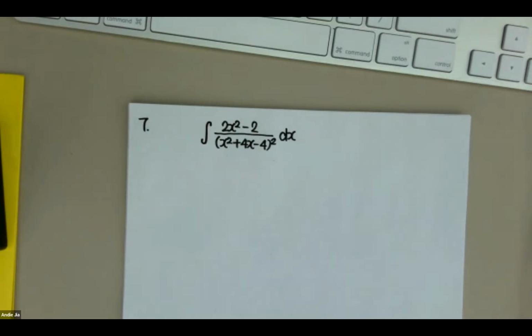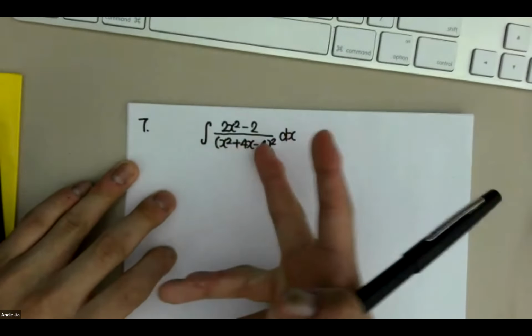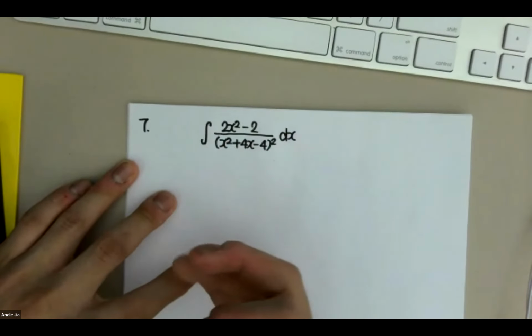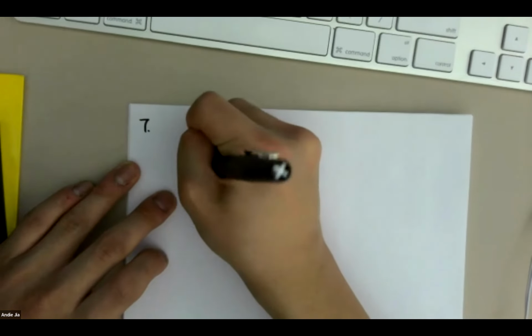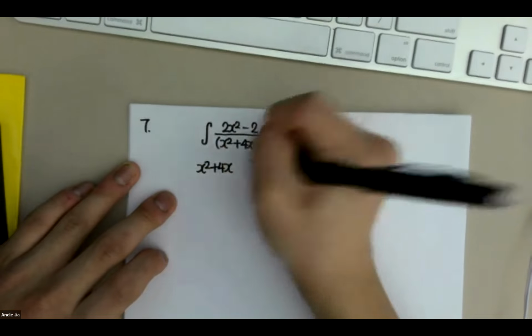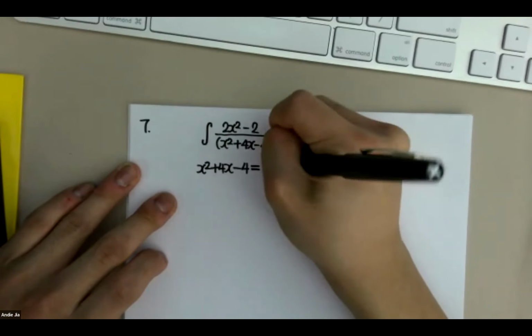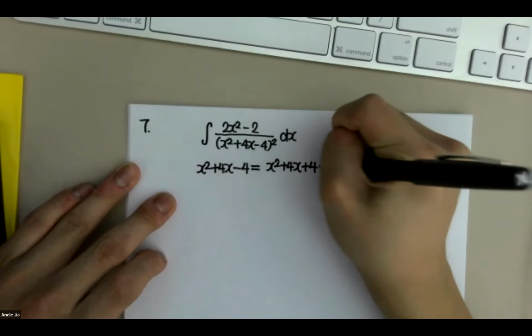It seems kind of dumb, but no. You need to complete the square, because x squared plus 4x minus 4 is non-factorable. So x squared plus 4x minus 4 is x squared plus 4x plus 4 then minus 8.